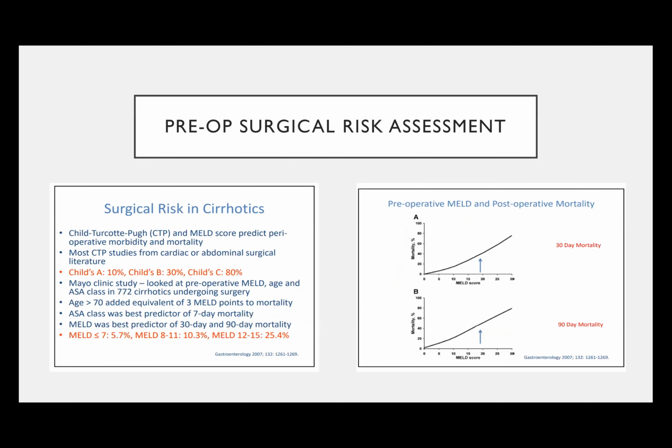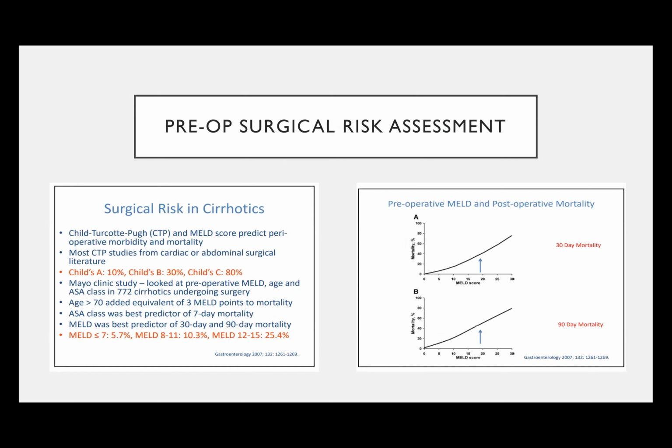So just our last topic about preoperative assessment. I know that mostly we use the Child-Turcotte-Pugh, but MELD can also be used. Based on the literature, obviously Child C is where it gets really scary, where they have 80% mortality risk.